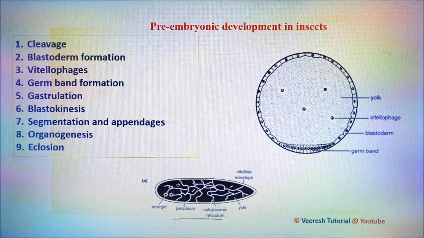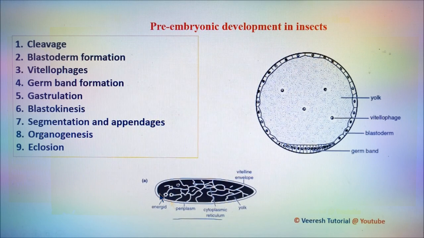And the last one is pre-embryonic development in insects. Pre-embryonic development means the development of the embryo takes place inside the egg. These are all the steps involved in pre-embryonic development. After fusion of egg and sperm, usually the diploid nucleus divides into a number of daughter nuclei, and each daughter nucleus is surrounded by energids.